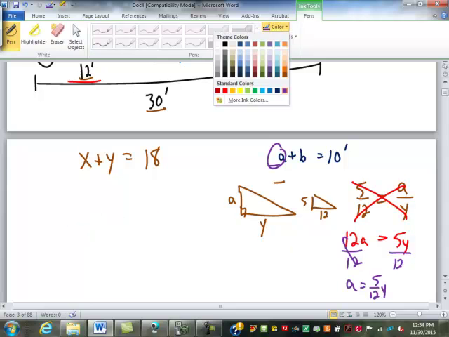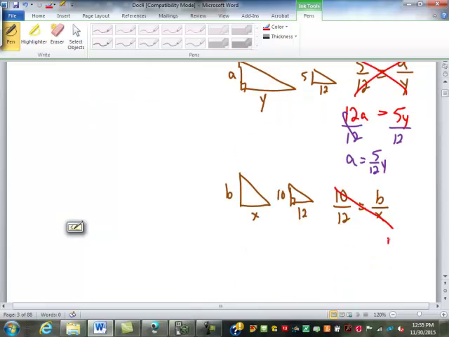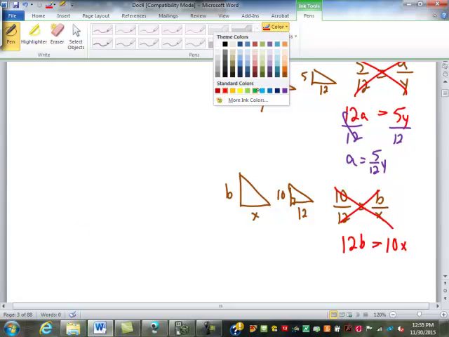Now I need to do the same for b and x. I have b and I have x. What slope goes with that? 10/12. So I have 10 over 12 equals b over x. And I will cross multiply. 10 times x is 10x, and that has to equal b times 12, which is 12b.